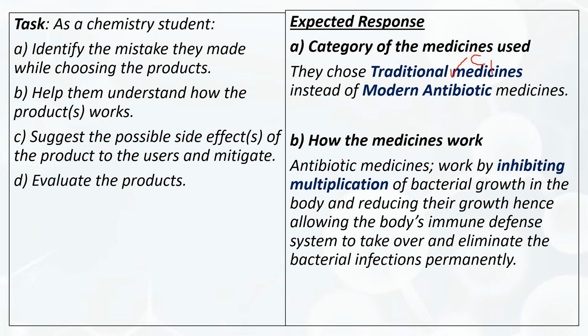We're saying that antibiotic medicine works by inhibiting multiplication of bacterial growth in the body and reducing their growth, hence allowing the body's immune defense system to take over and eliminate the bacterial infections permanently.